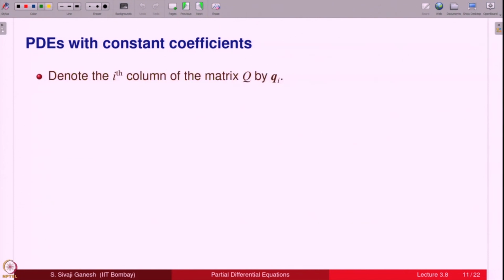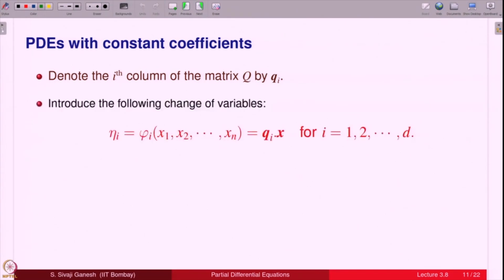Denote the ith column of the matrix Q by Qi. So, if this is the ith column, that means it will be Q1i, Q2i, etc., Qdi. This is what is called Qi, the ith column of the matrix Q. Define eta i of x equal to Qi dot x. This is a dot product, Qi is a vector dot x.